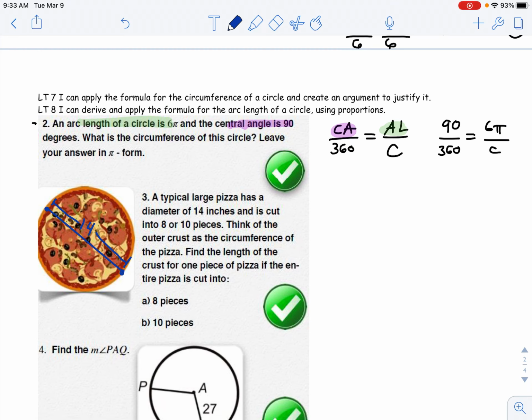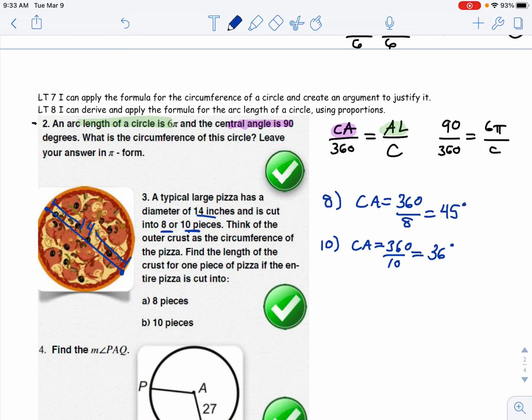All right, so 14 inches, it's cut into 8 or 10 pieces. So let's do a side fact. For 8 pieces, the central angle will equal 360 divided by 8, which is 45 degrees. For 10 pieces, the central angle will be 360 divided by 10, which is 36 degrees.